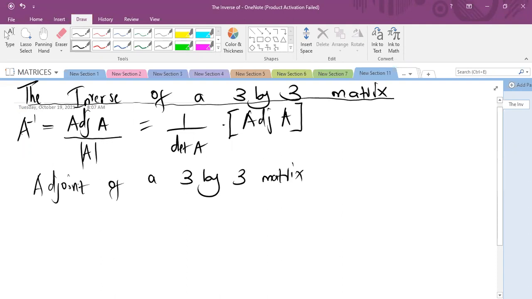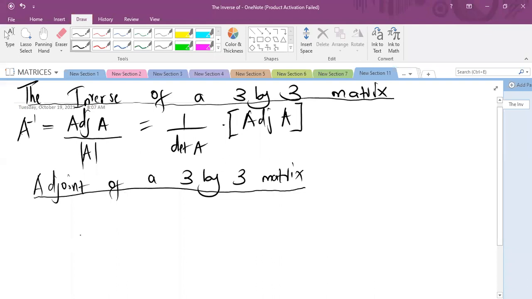Now, to get the adjoint of a 3 by 3 matrix, we first of all start by getting the cofactors of the elements, then transposing it. Now, this is how we go about getting the cofactors of the elements.